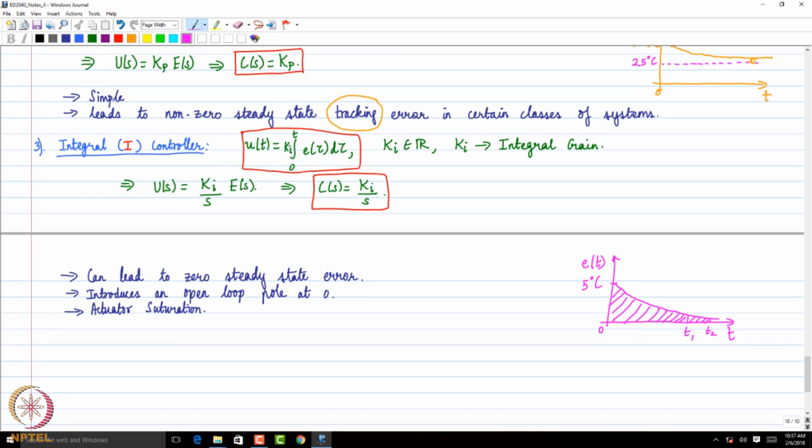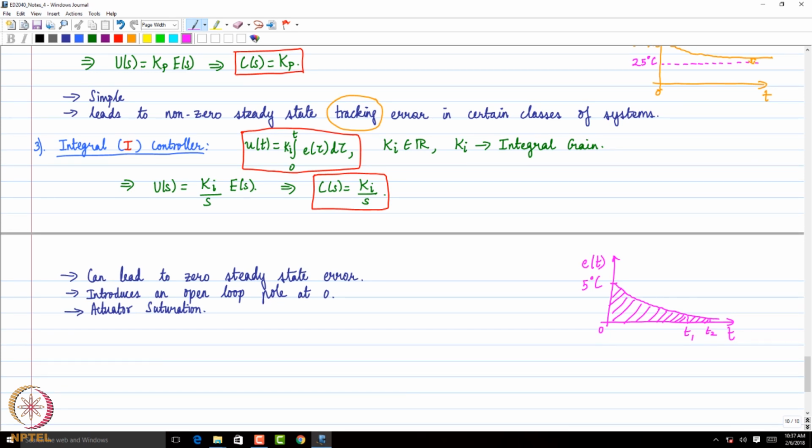And I keep on calculating this control input even as the temperature error gets closer and closer to 0, there may be a point where I have a saturation in the control input. I may ask for, let's say, X liters per minute, but the capacity of the actuator may be less than X liters per minute. That may be possible. So that is another limitation with integral control.